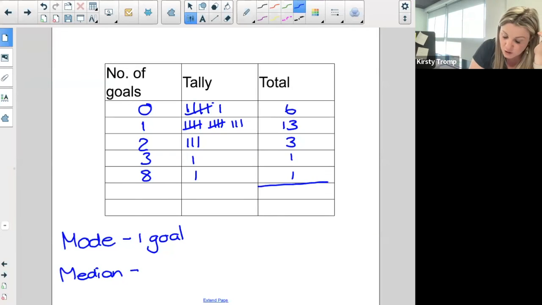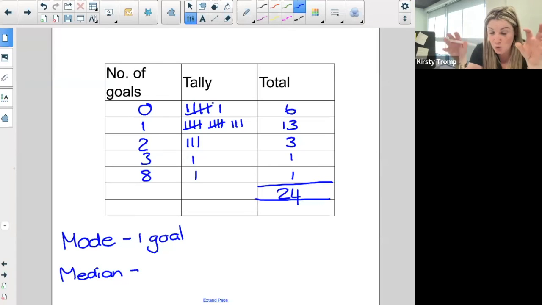So altogether, in total, I had 24 goals. So if I split 24 down the middle, it gives me 12 and 12. So I am looking for the number of goals that I scored in the middle of all those games. So in my 12th and my 13th game, I'm going to add them together.